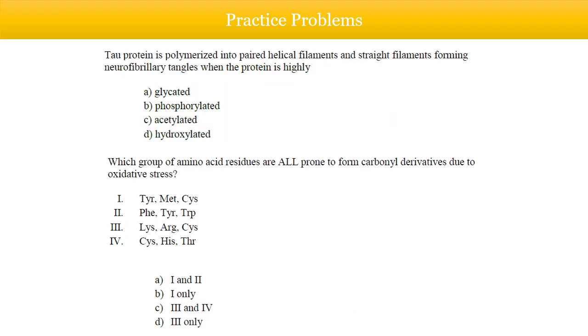Now, tau protein is polymerized into paired helical filaments and straight filaments, forming neurofibrillary tangles when the protein is highly glycated, phosphorylated, acetylated, or hydroxylated.